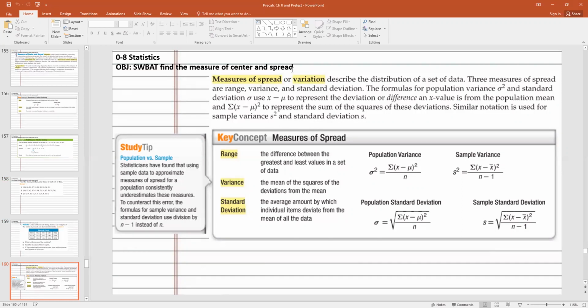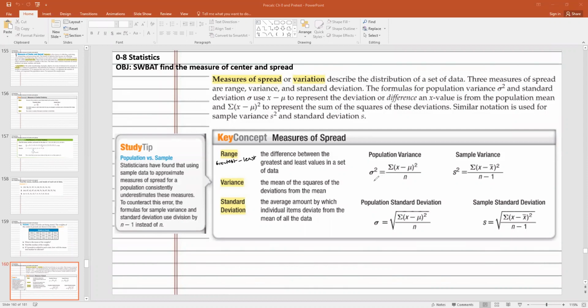There's no vowels. Okay. So here the range is going to be the greatest minus the least. That's it. The greatest number minus the smallest number.